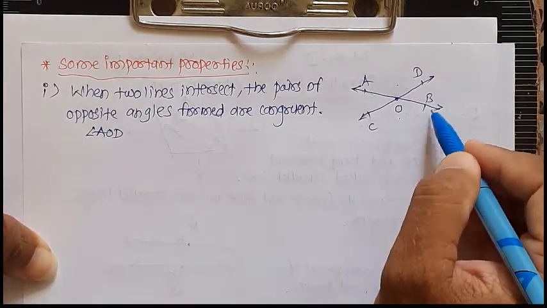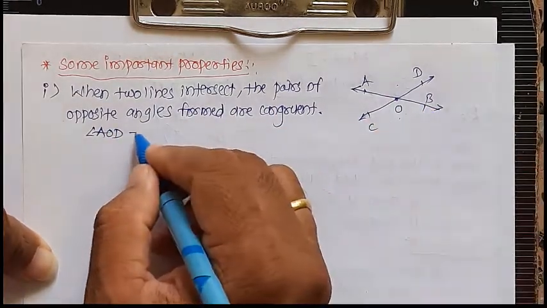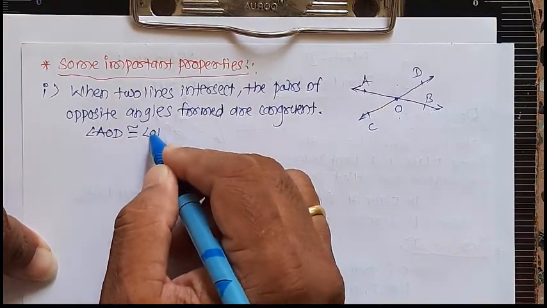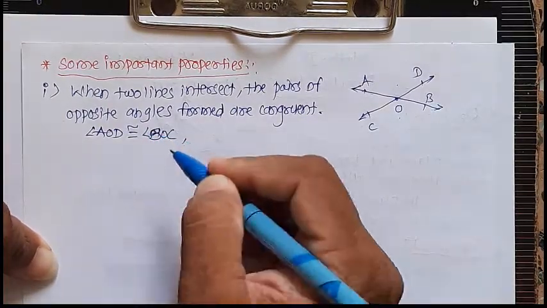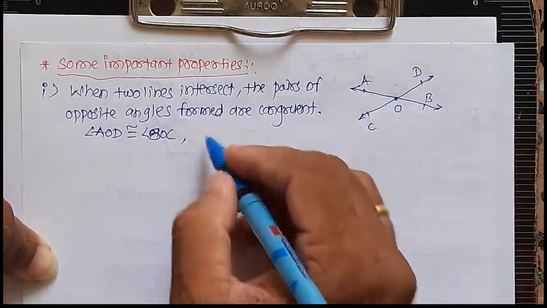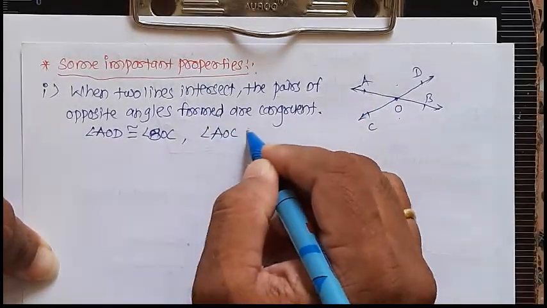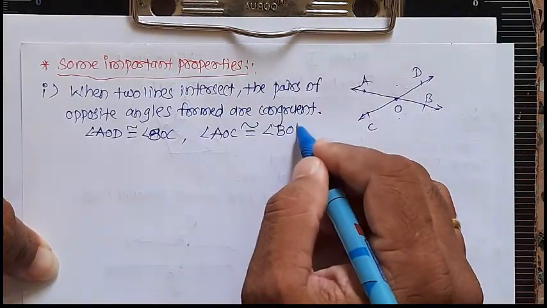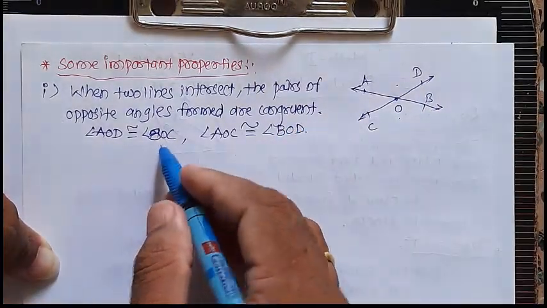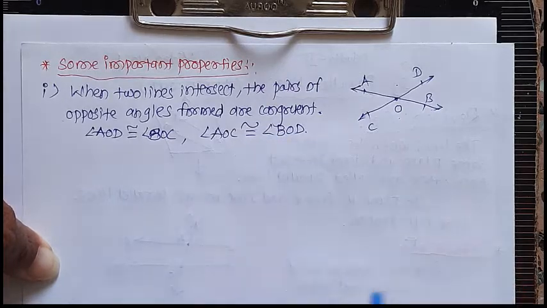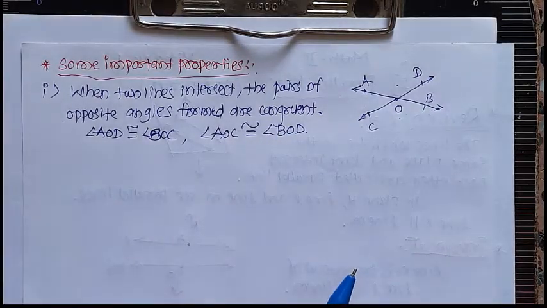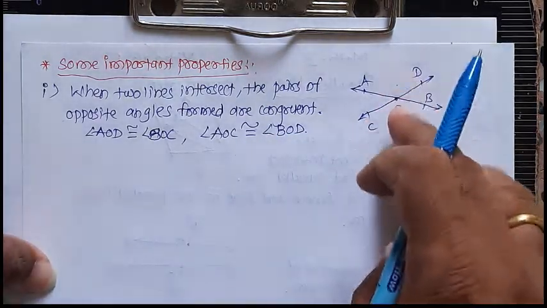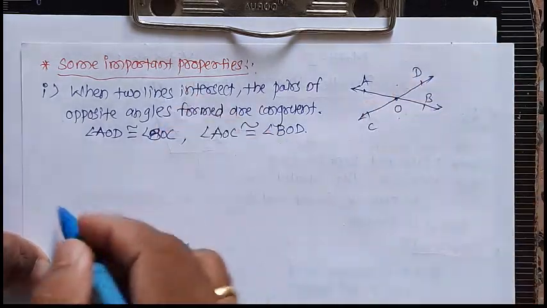Its opposite is angle BOC, so they are congruent. If we take angle AOC, its opposite angle will be angle BOD. So angle AOD is congruent to angle BOC, and angle AOC is congruent to angle BOD. Like that, the opposite angles are congruent here.